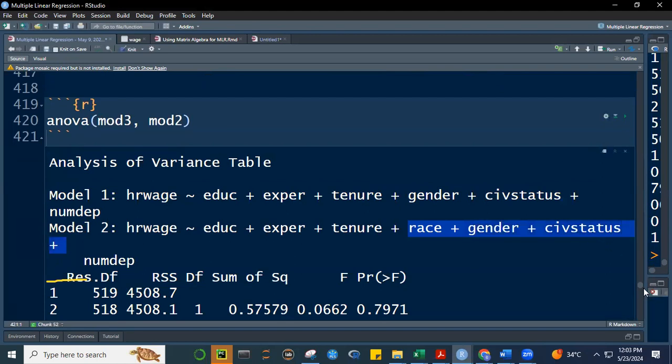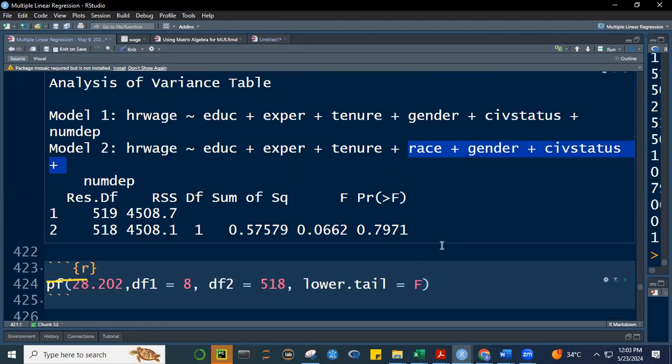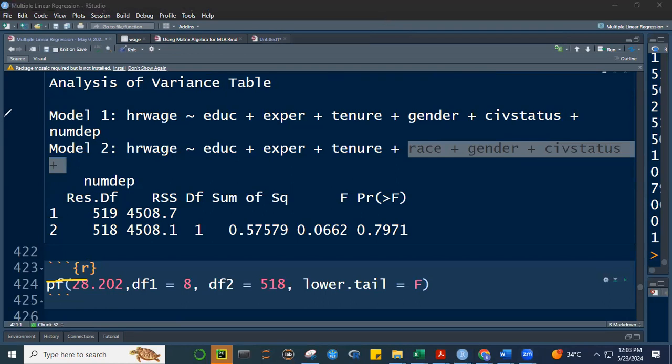So what are we testing here? Let me go to the fundamentals of this. We said that the difference between model number 2 and model number 3 is that there is no race variable in model number 3. So we're testing if beta for the race is equal to 0.